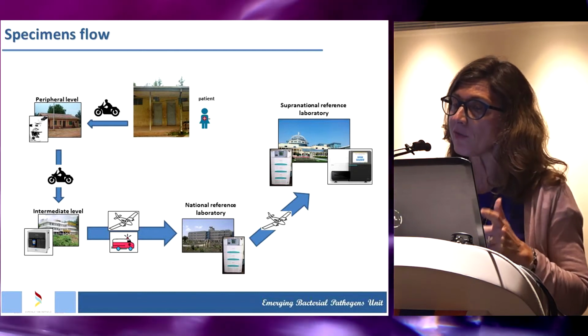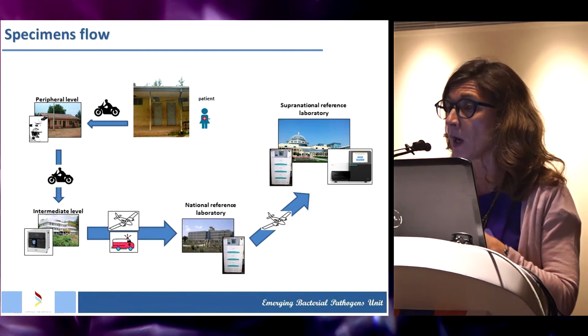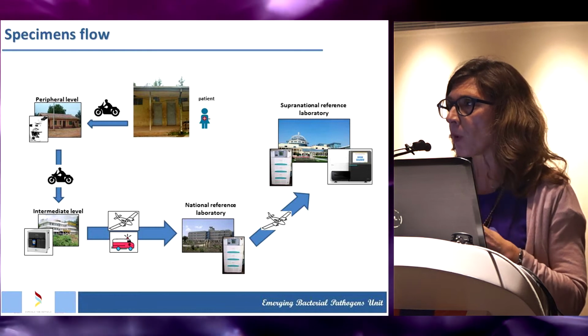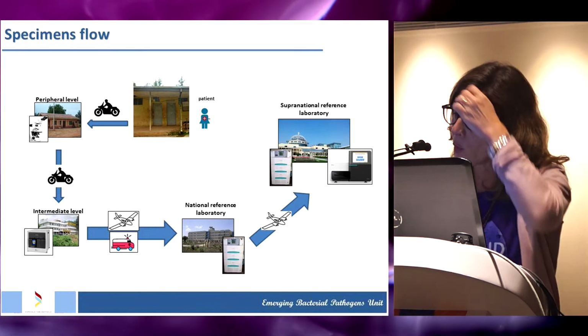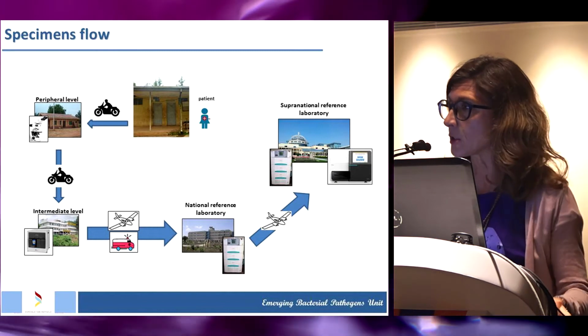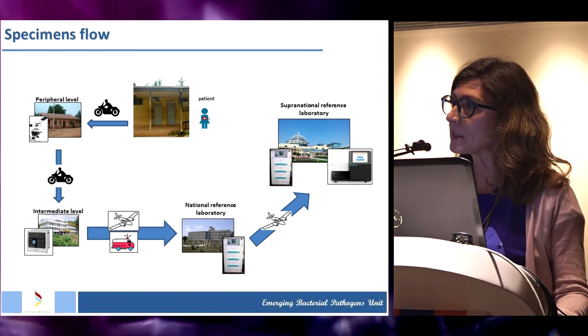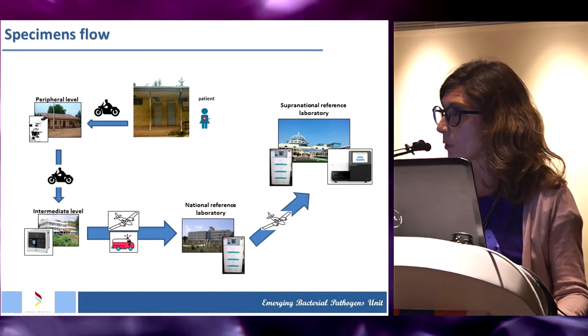But once you have found a good system that moves the sample around, you also need to make sure that your sample arrives at destination without losing its quality. And this is an additional factor that is very important. We also say in Italy, garbage in, garbage out.